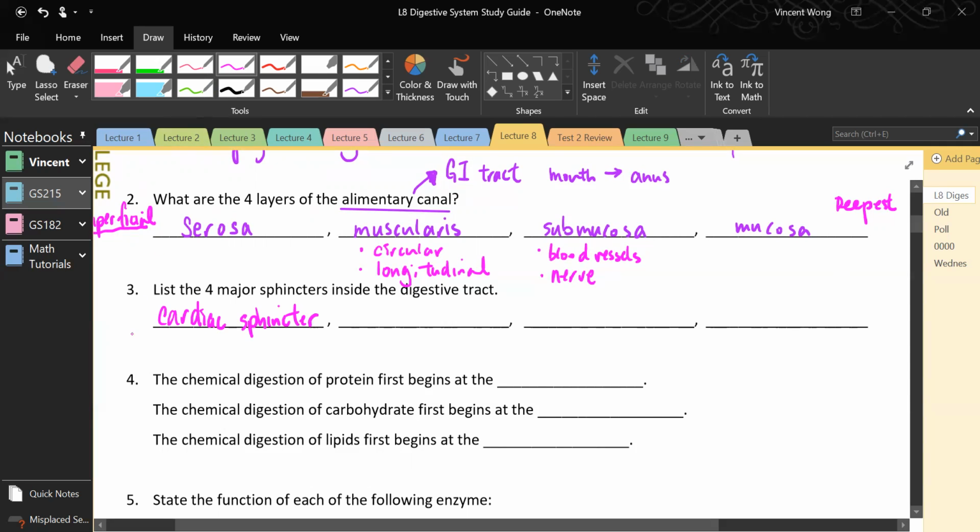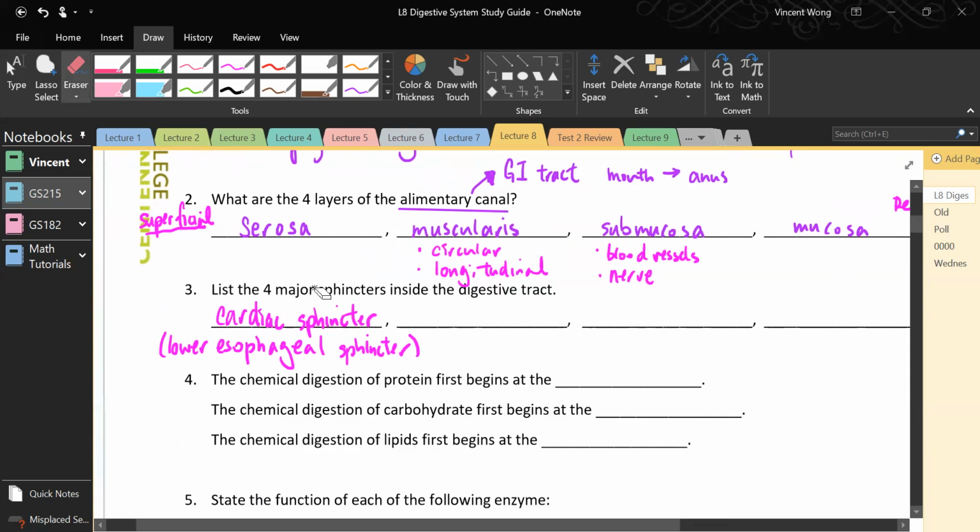Another name for the cardiac sphincter is lower esophageal sphincter. Okay, I'm going to be sticking with the cardiac sphincter. That's the one that is located at the top of the stomach.